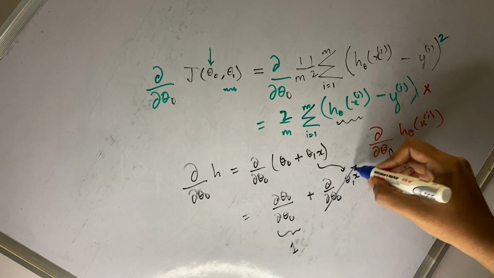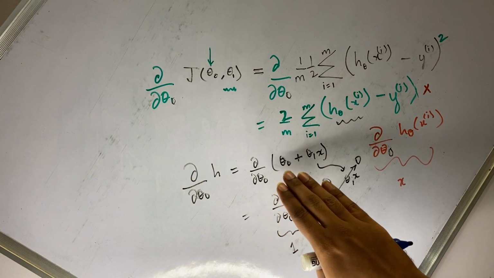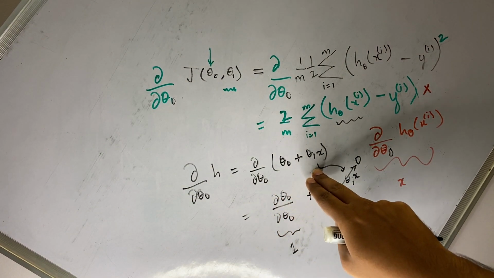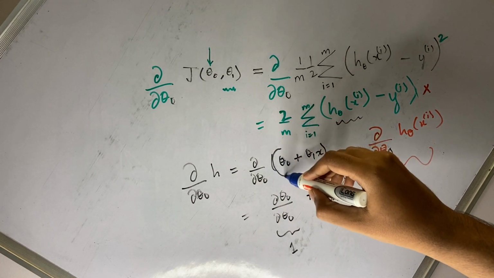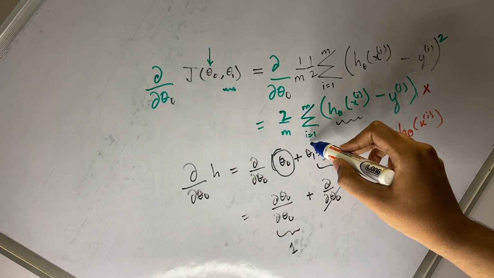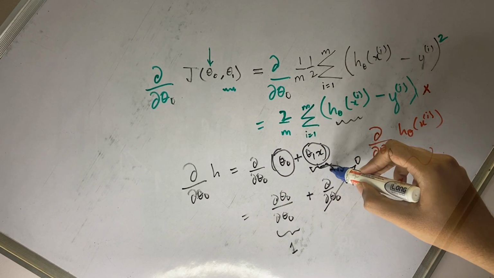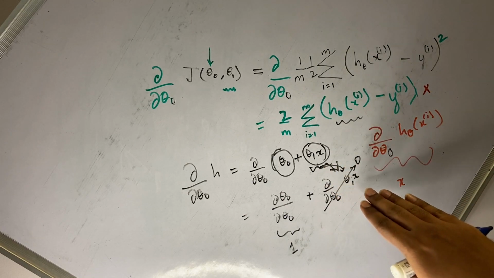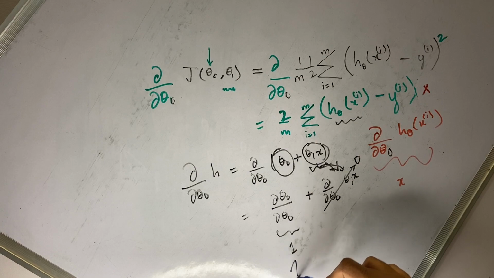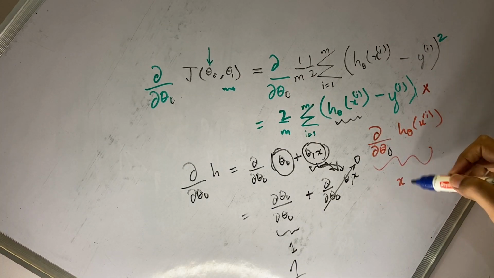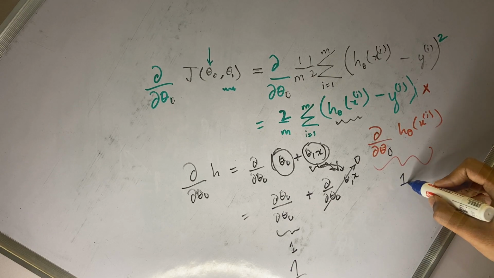Now this will become 0 because since we are differentiating the hypothesis term with respect to θ0, we would consider θ0 as the variable and θ1 of x as the constant. When you differentiate a constant, it becomes 0 and this would be 1. So this term here would not be x, instead it would be 1.